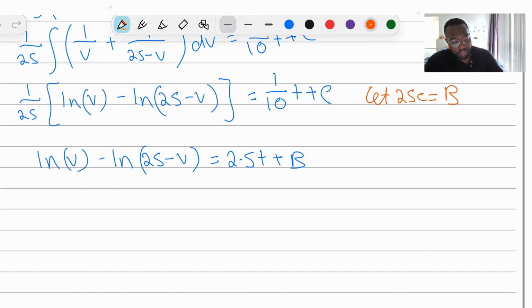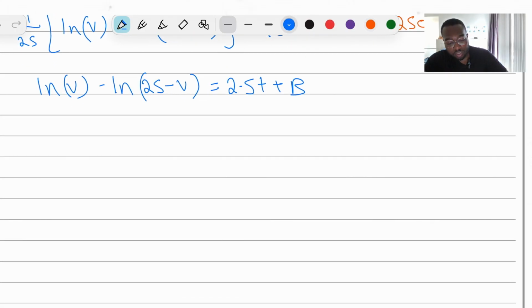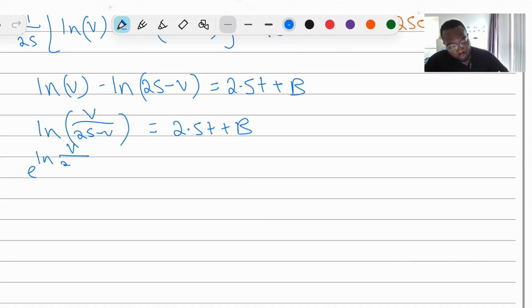Okay, so now that we've done that, let's join our lns together. So we have ln of v over 25 minus v, using the ln rules or log rules. That is equal to 2.5t plus b. And now let's e everything. If we e everything, we get e to the power of ln of v over 25 minus v, which is equal to e to the 2.5t plus b.